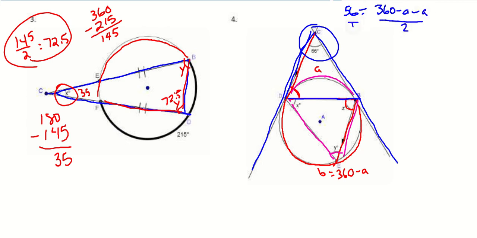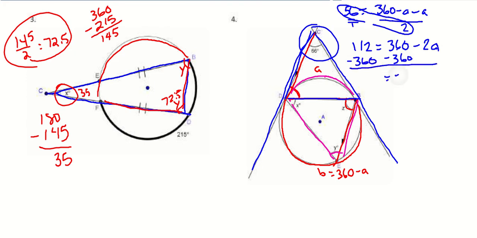So this I can cross multiply right away and combine like terms. So this is 112 is equal to 360 minus 2A. And then what I'm going to do is get the A's by itself. So I'm going to move the 360 over. Now this will give me a negative amount, but this is equal to negative 2A. So eventually I'll end up with a positive A here. So when I subtract this out, this is 248.